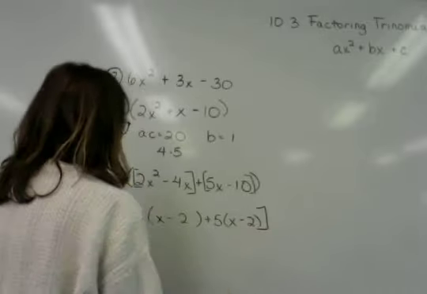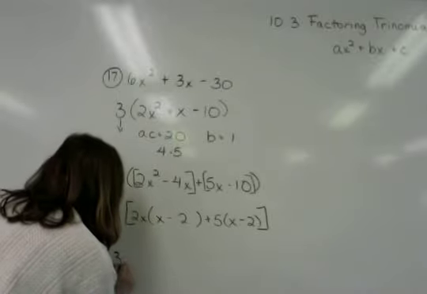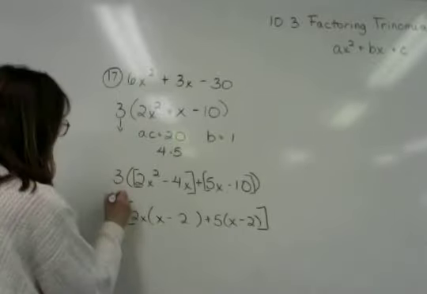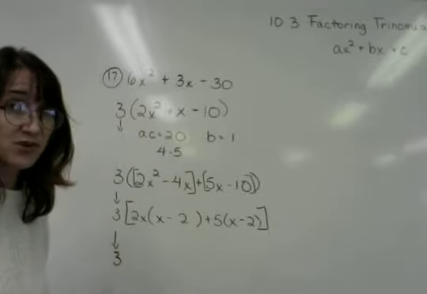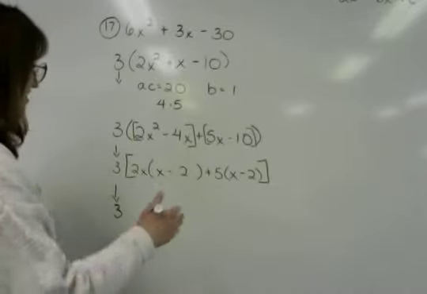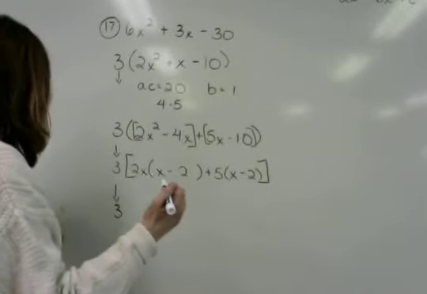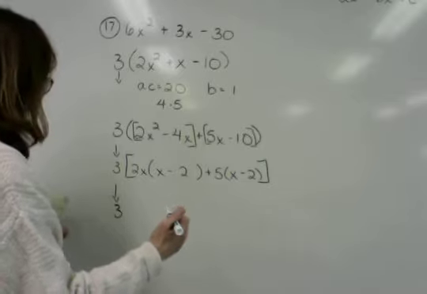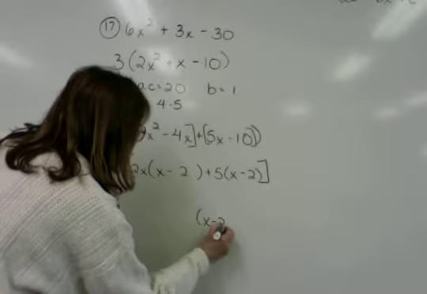That's why I was starting to do those big brackets. So in here, 3 is still coming down, guys. 3 still has to just move down. Don't forget 3. If there's going to be a place where you're going to make a mistake, it's going to be right there, leaving out that 3. Now I have a common binomial, and that's going to be x minus 2.